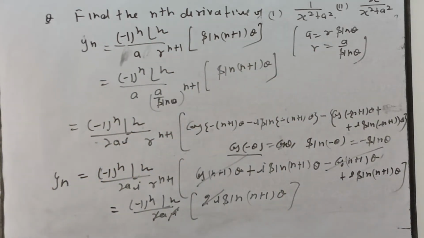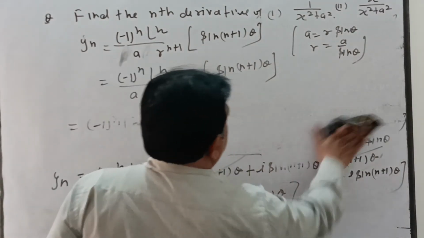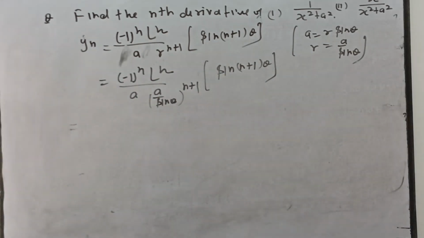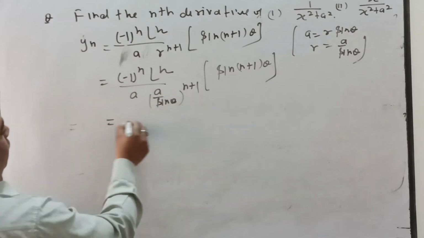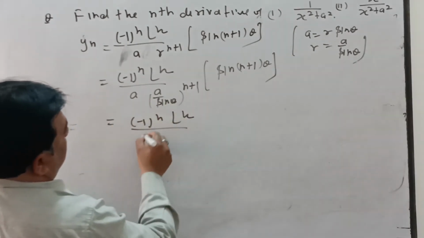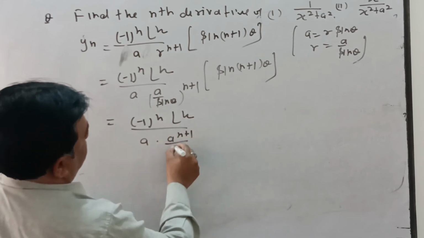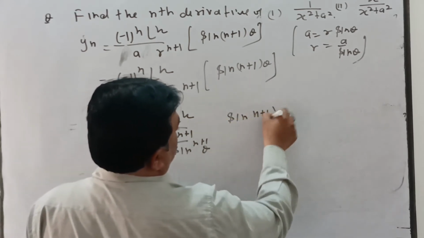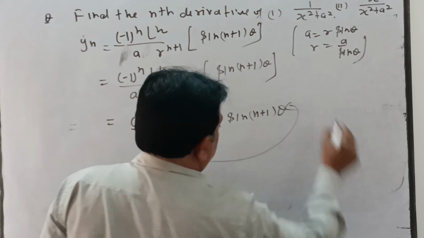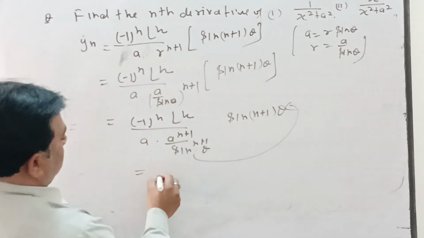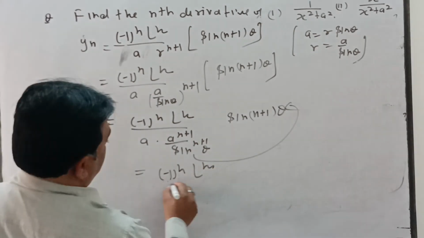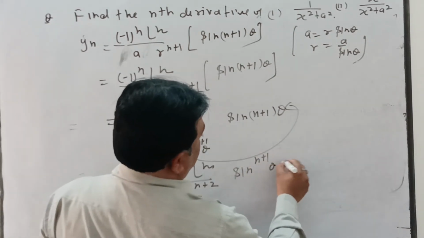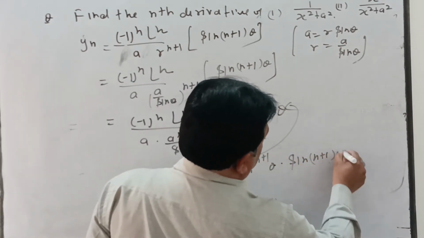Okay, now the value of this is (-1)^n n! a into a to the power n+1 upon sin to the power n+1 θ, or sin (n+1)θ. The value goes into the numerator and we write (-1)^n n! upon a to the power n+2, or sin to the power n+1 θ, and sin (n+1)θ.